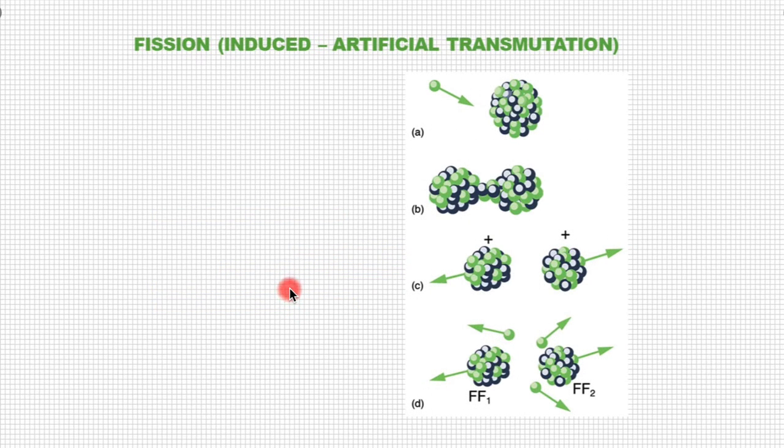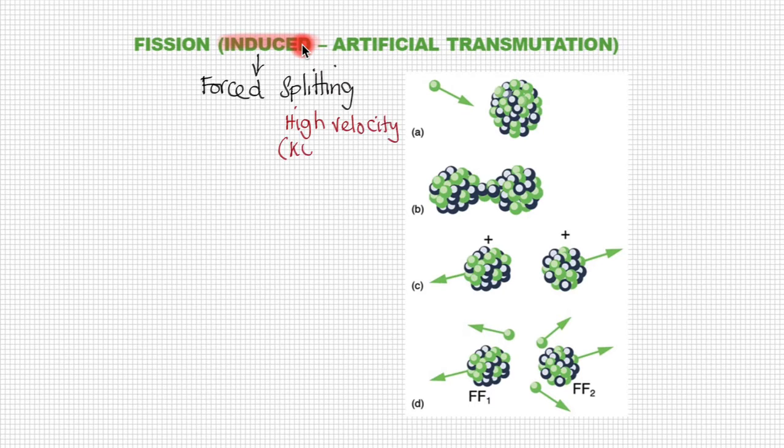So for artificial transmutation, the word induced is used, which simply means we force the splitting of a nucleus by using a high velocity neutron. Since a neutron is neutral, it doesn't experience any of the electrostatic repulsion, so it gets a clean hit at the nucleus.